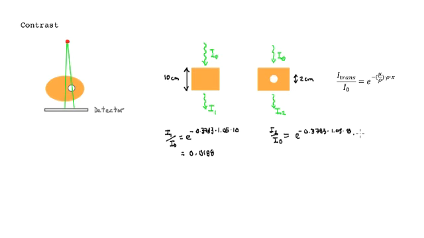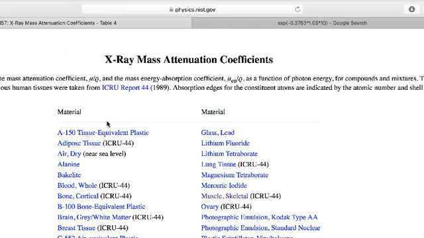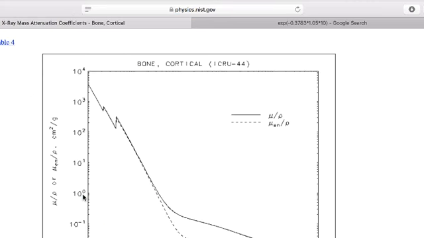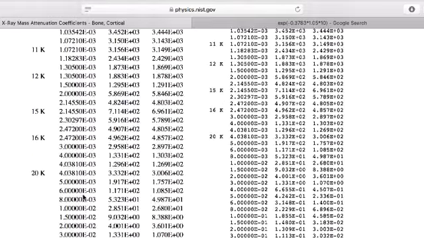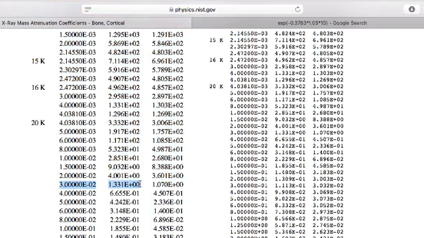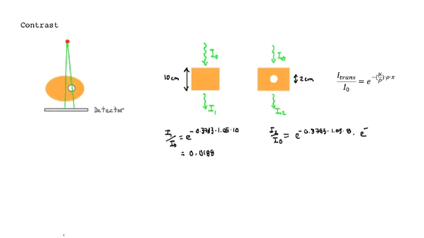Then I have to multiply by the attenuation in the bone, so let's look that up. I'm going to use cortical bone, again at 30 keV. The mass attenuation coefficient there is 1.331. You can see it's quite a bit higher.